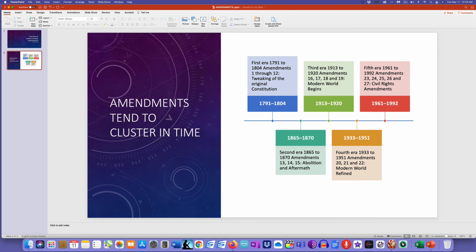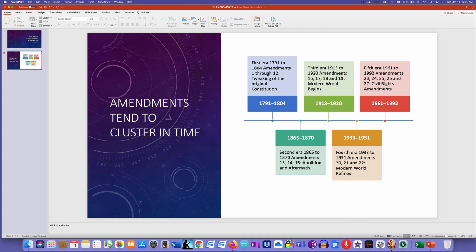And finally, we have the 27th Amendment, which is the most recent as of this recording. It was ratified in 1992. It can be considered a Civil Rights Amendment, or at the very least a Civil Liberties Amendment. And remember, it was part of the original Bill of Rights, but it was one of the two amendments which was not ratified by the states.